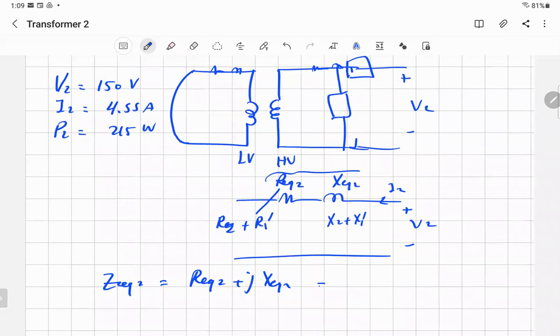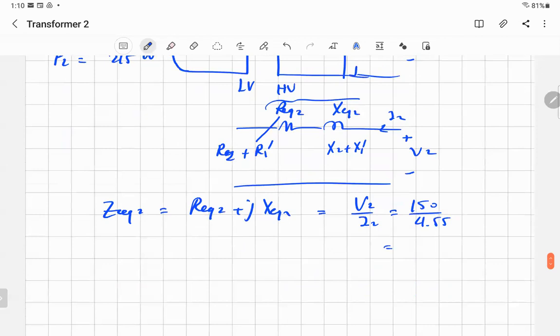So if you divide V2 over I2, your measurement, which is 150 volts divided by 4.55, you get the impedance in ohms. Only the magnitude, by the way. If we do that, you'll find it is equal to 32.97 ohm. That's the Z equivalent for the transformer on the secondary side.